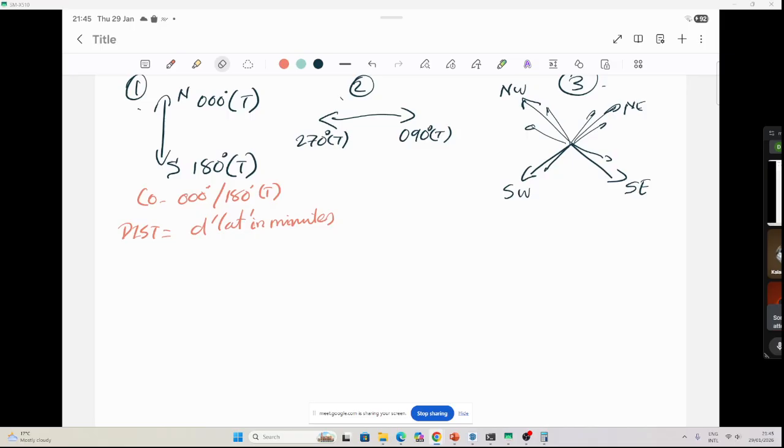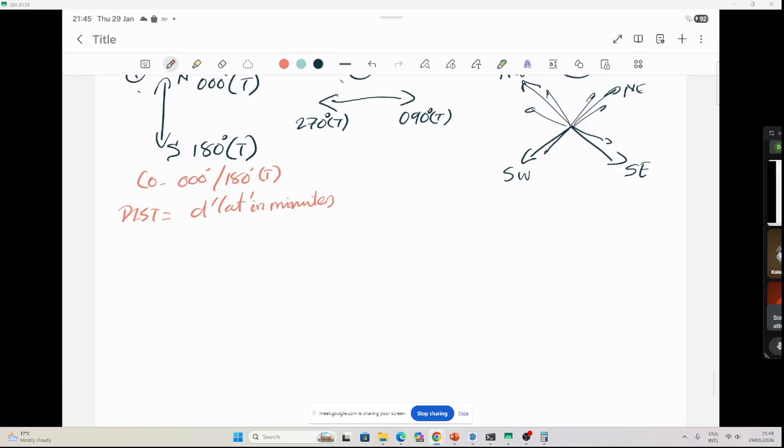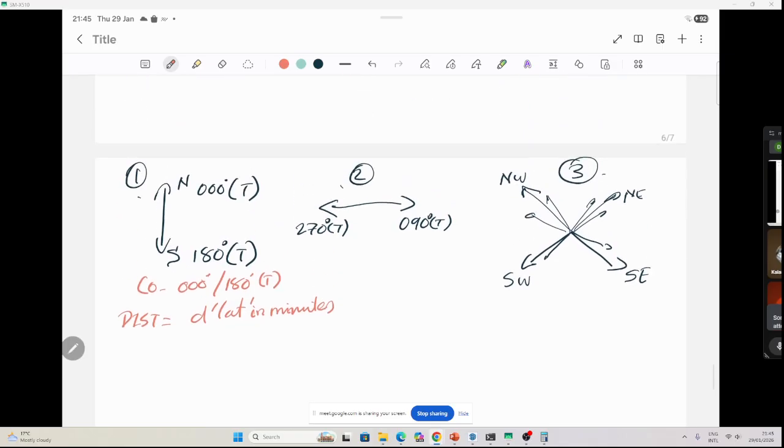Alright, okay. So in this first type we don't have to calculate anything. The course is basically 000 or 180, and the distance is going to be d-lat. Nothing to calculate there. But the problem is when it comes to the second type and the third type.